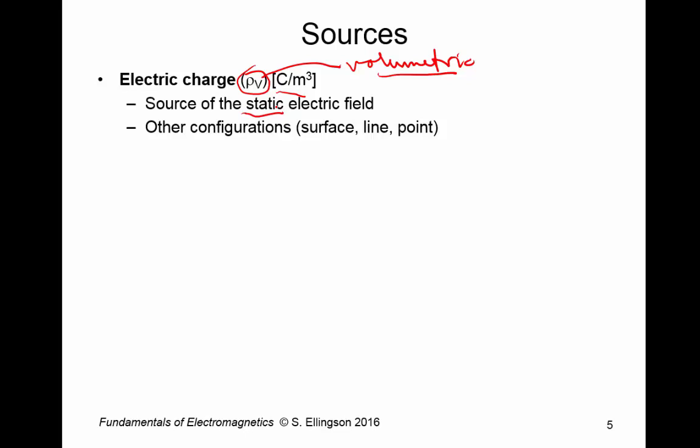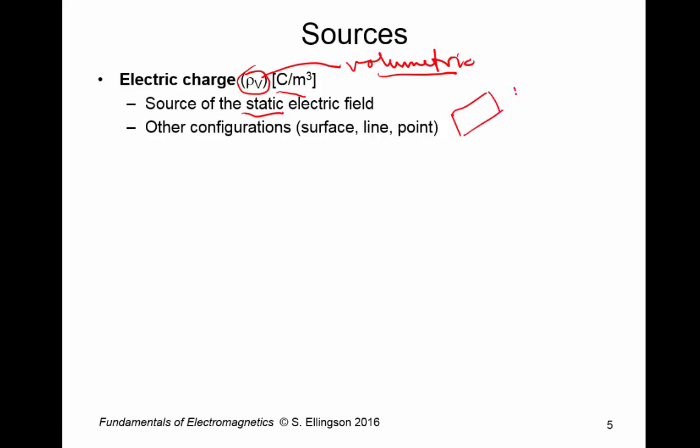So if you recall in your first course in electromagnetics, where you first encountered this, you undoubtedly did many calculations where you had a distribution of charge and you calculated the electric field in response to that charge. Of course, there are other ways to arrange charge other than volumetrically. You could have charge distributed over some surface, some sheet, for example.